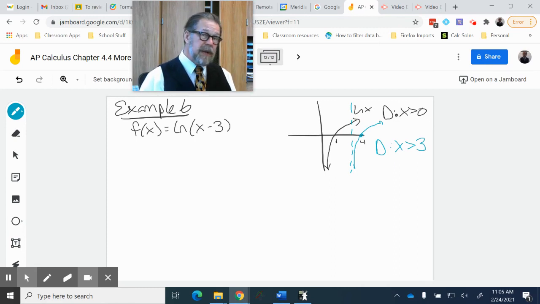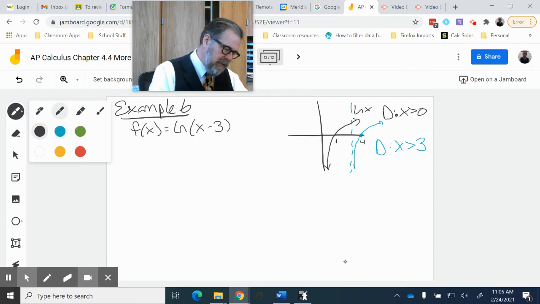So the derivative of a function can't exist outside the domain of the function. So when we find the derivative of this function, we're going to know that it doesn't exist there. Now, isn't this obvious? Well, let's take the derivative and find out.